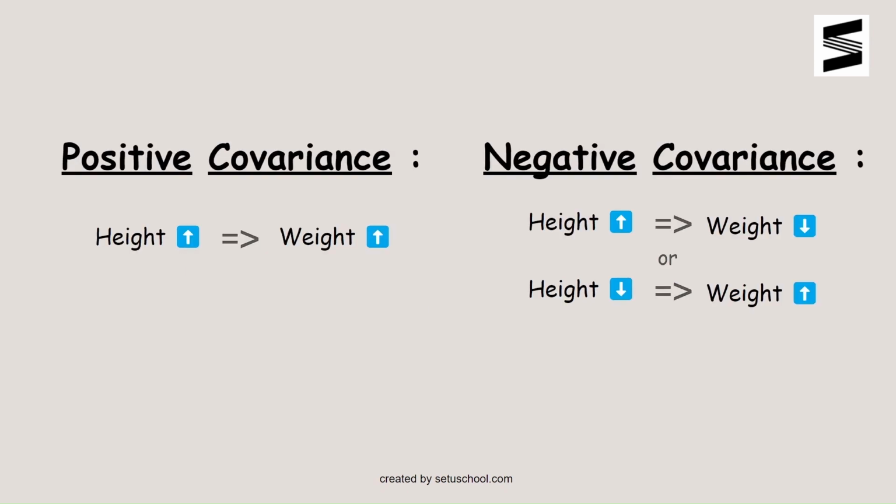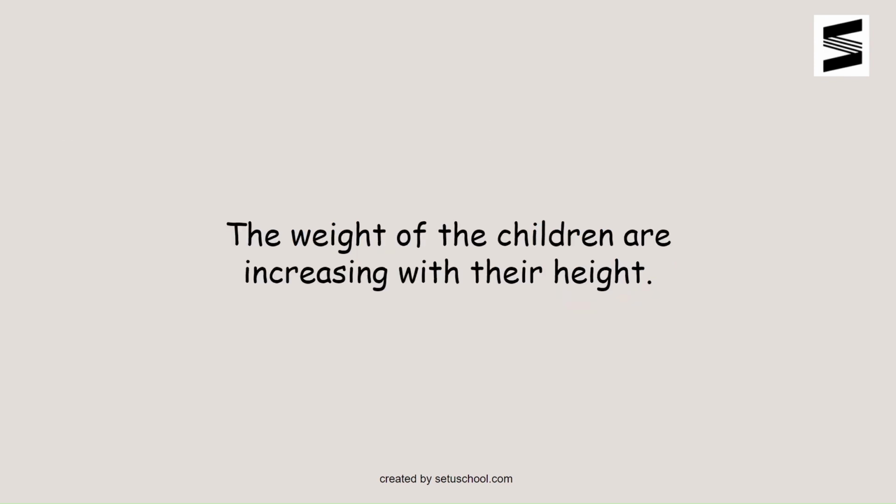Positive covariance implies that as height increases, weight tends to increase as well. And a negative covariance means as height increases, weight tends to decrease. Now we can conclude that the weight of the children increases with their age, and the relation between them is very strong as the covariance is significantly higher.